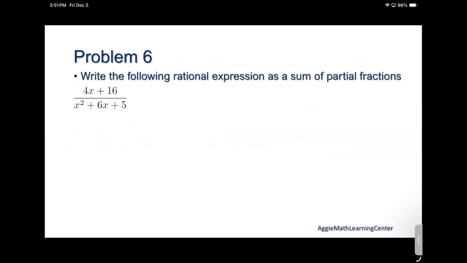So, write the following fraction or rational expression as a sum of partial fractions. So I'm going to start by factoring the denominator. So this is equivalent to 4x plus 16 over, this is an x plus 1, x plus 5.